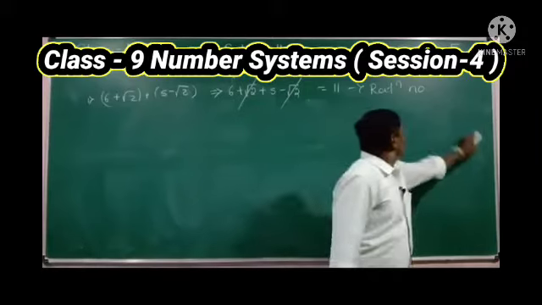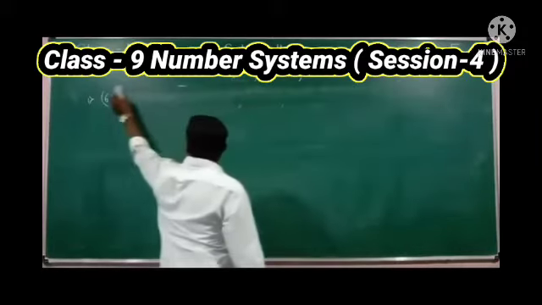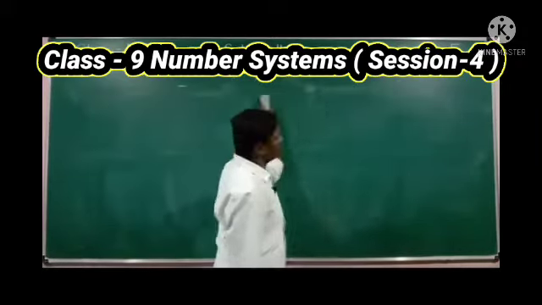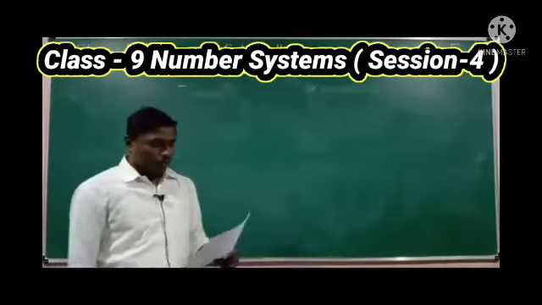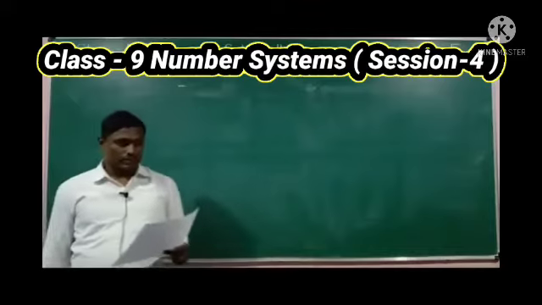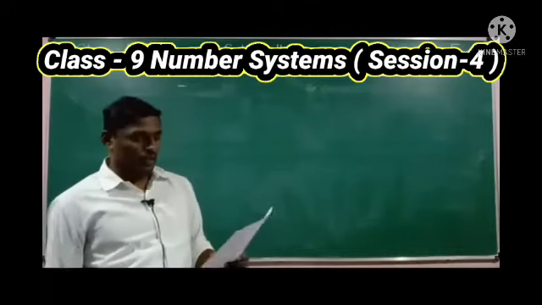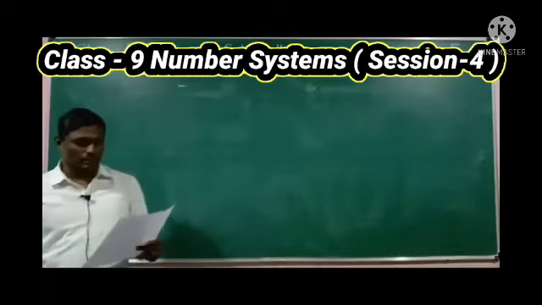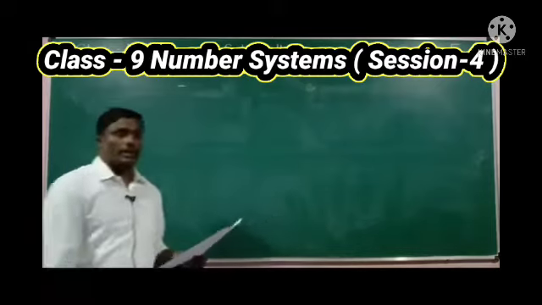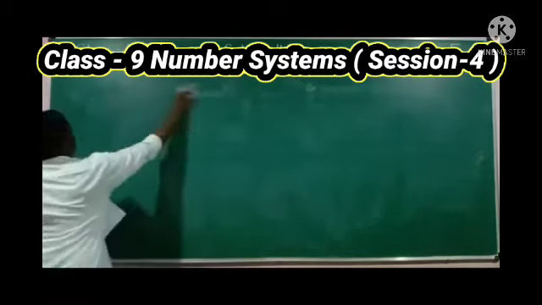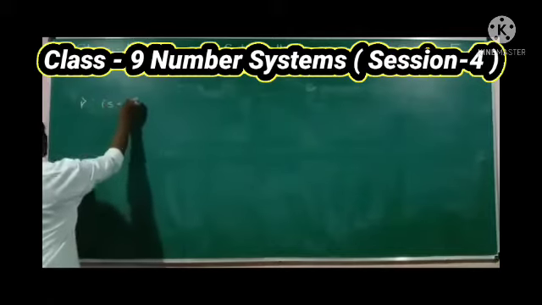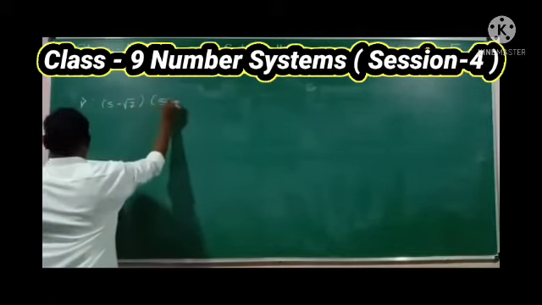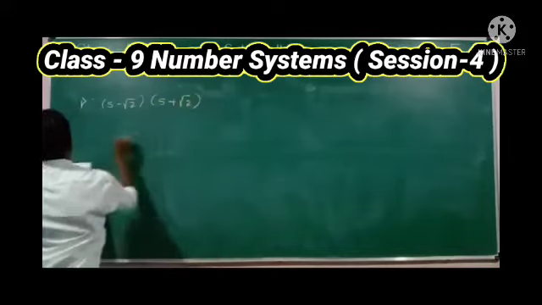See the next condition. The product of two irrational numbers. The product of two irrational numbers may be rational or irrational. For example, 5 minus root 2 into 5 plus root 2.